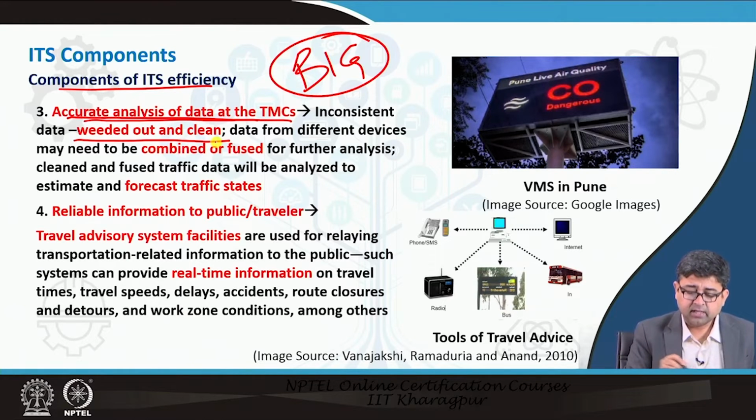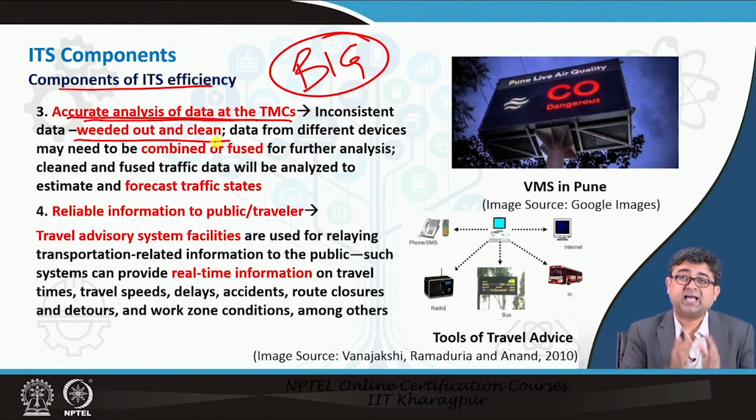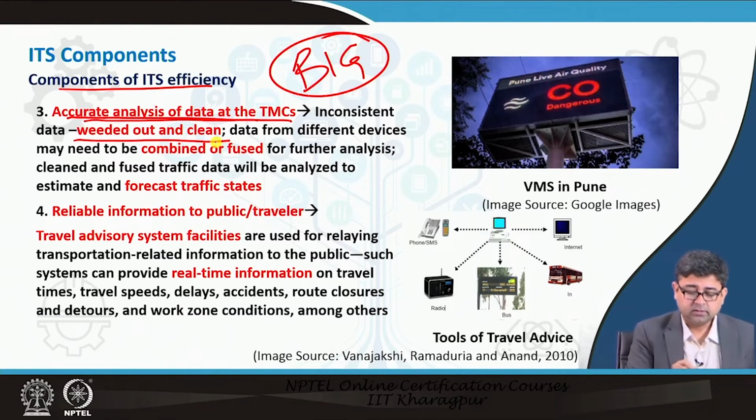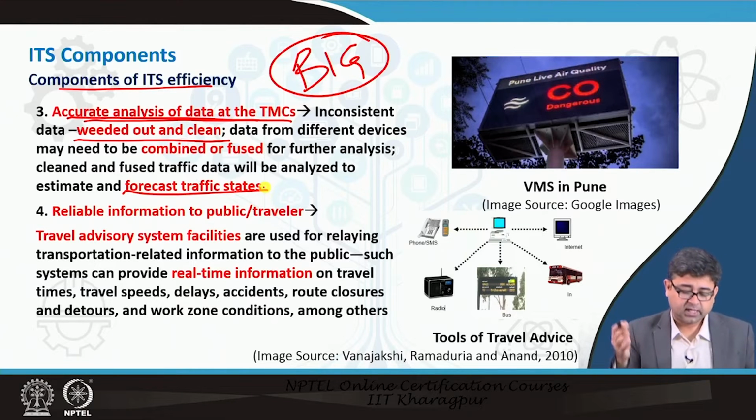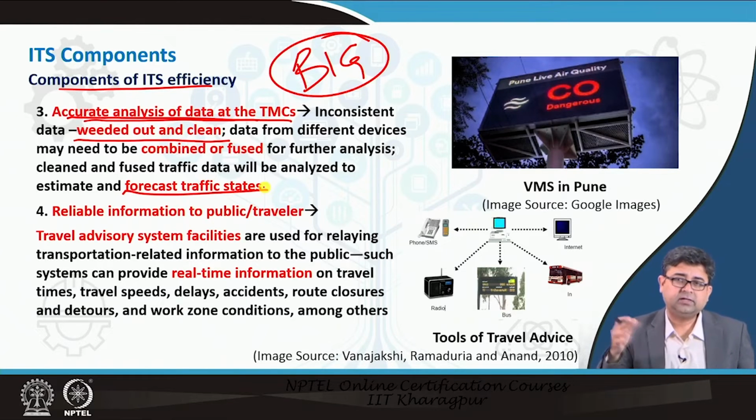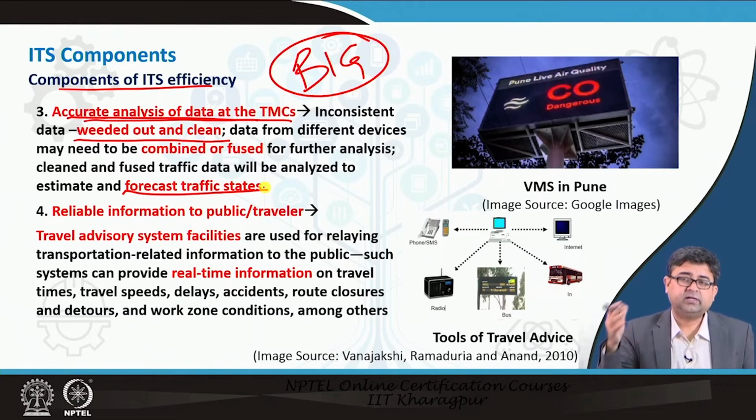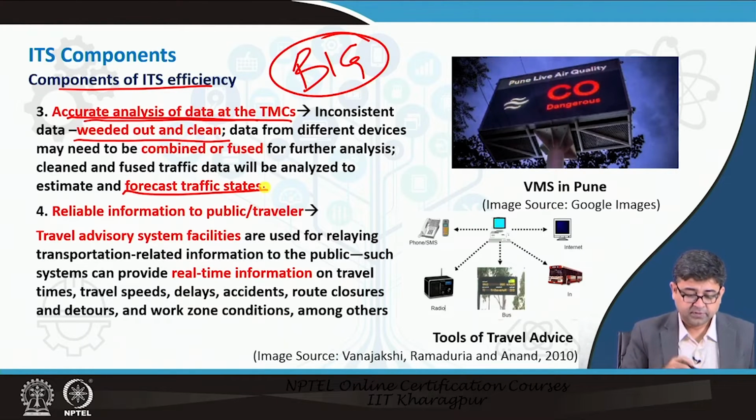All that has to be done before, so as to establish whether your system is able to capture the current state accurately or not. Once it is able to capture the current state, in other terms, once it is calibrated, only then you can use it for forecasting traffic for different states, different traffic conditions, and so on and so forth.